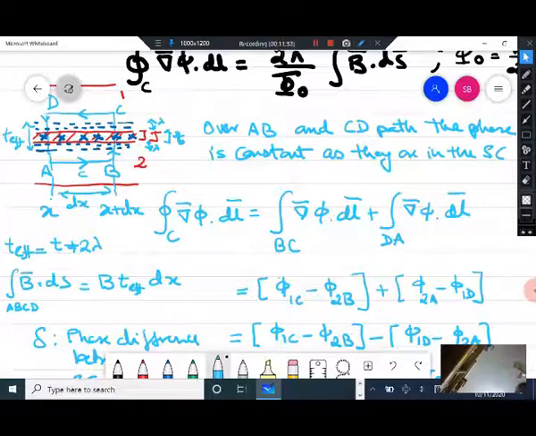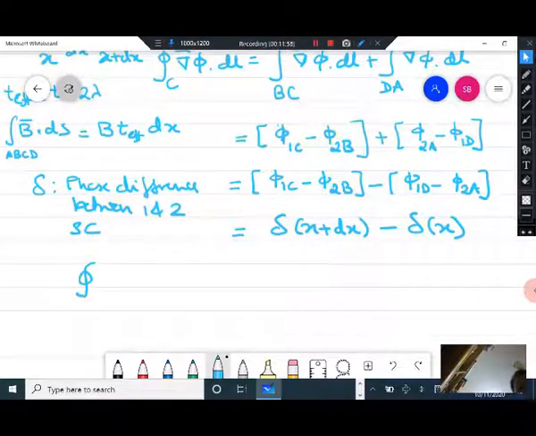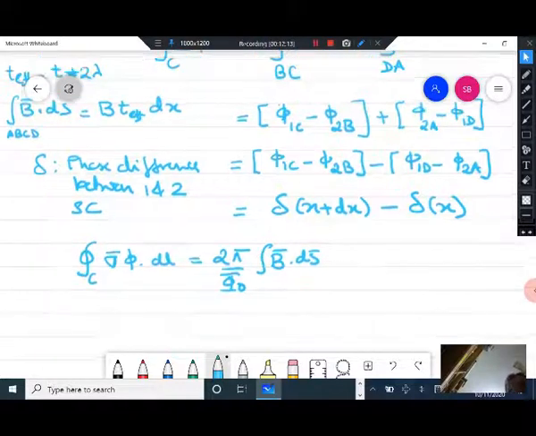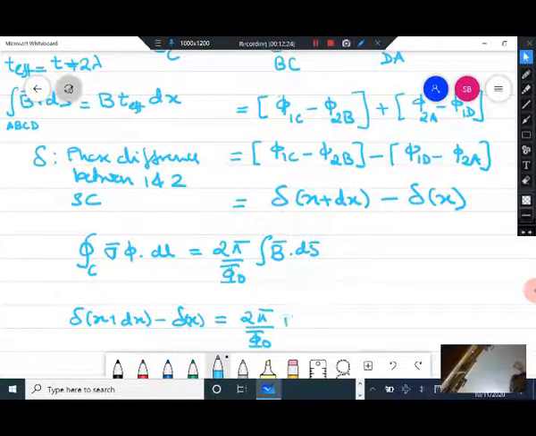Therefore, in the above expression, the integral of the gradient of phi dot dl over the curve C is equal to 2 pi by phi naught times the integral of B dot ds over the ABCD curve, which I had shown you earlier, is nothing else but delta at x plus dx minus delta at x, which is equal to 2 pi by the magnetic flux quantum phi naught times B times T effective times dx.